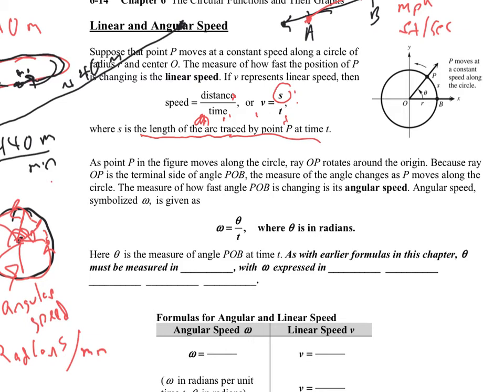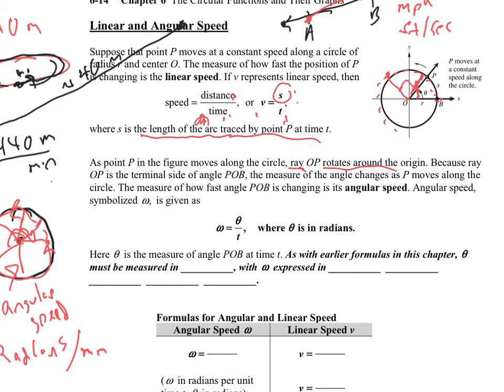As point P moves along the circle, that's you running around, the ray OP rotates around the origin. OP is that distance here, and I mentioned how that is changing from here to here.